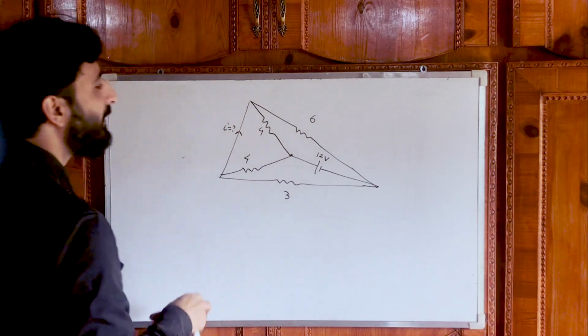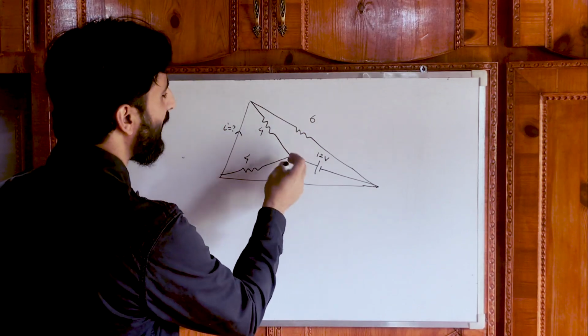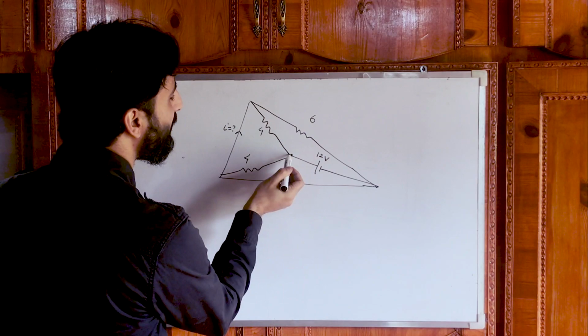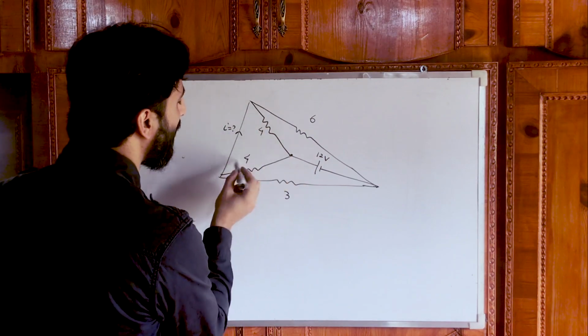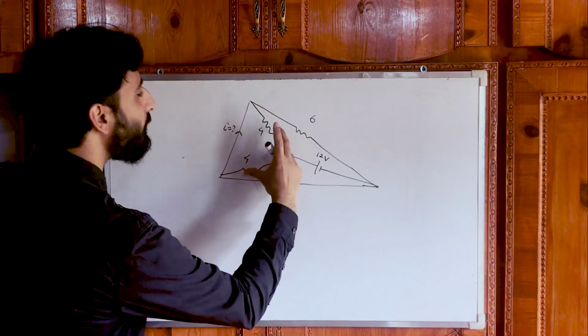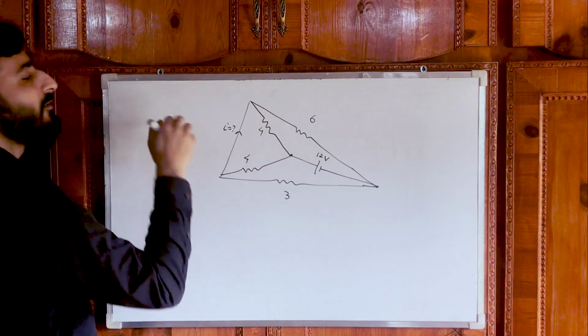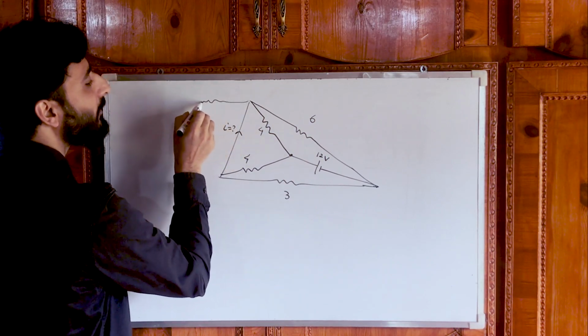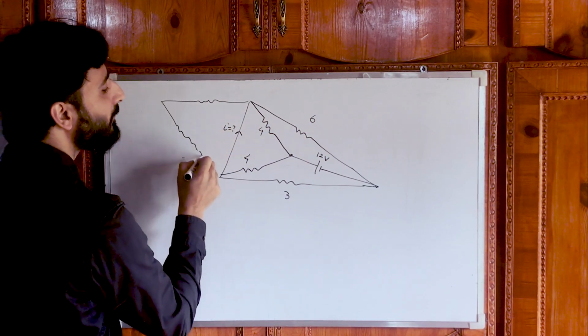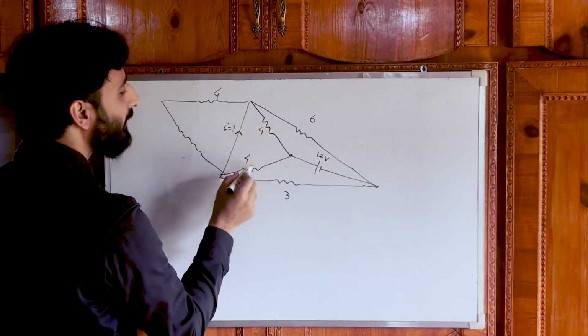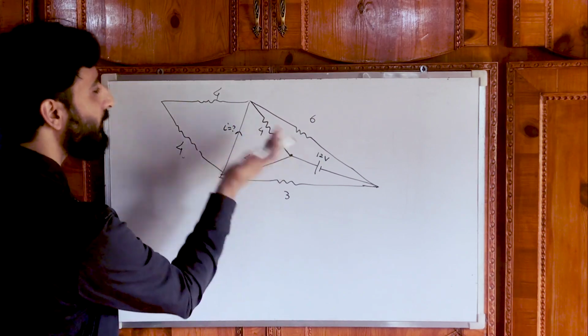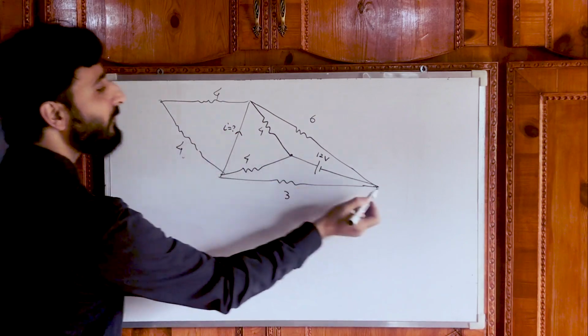How to solve it? The simple thing is, we can just unfold this V part, we can just turn it like this, so we will get something like this. So this is 4 and this is 4, just 4. So this point is connected to this.